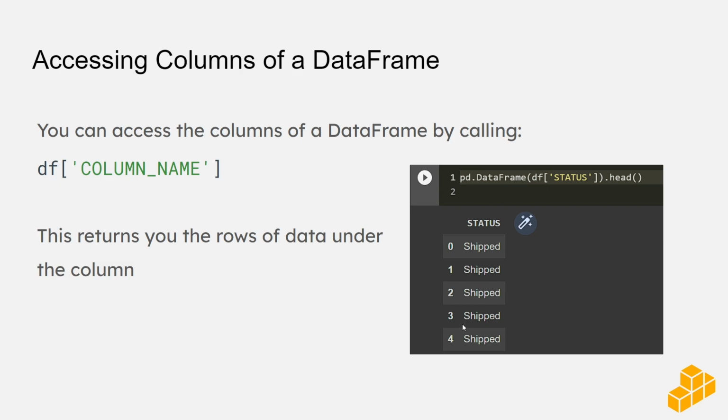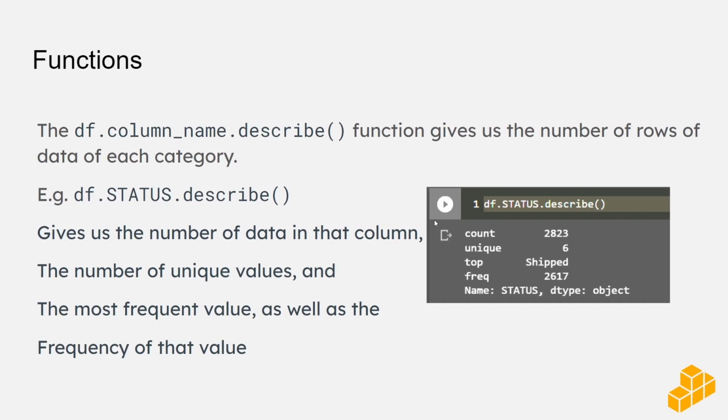Here you can see your first 5 rows, which is Shipped, which is good. Now remember I was mentioning something about the .describe() function. Let me describe to you what the describe function does. The df.column.describe() function basically gives you more info about the data of that specific column.